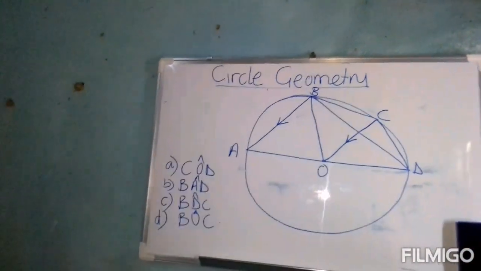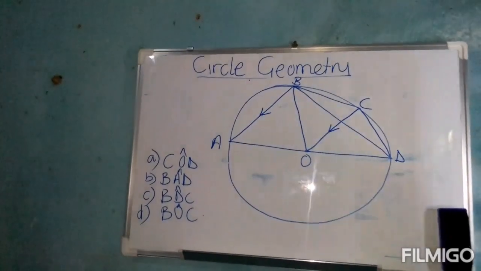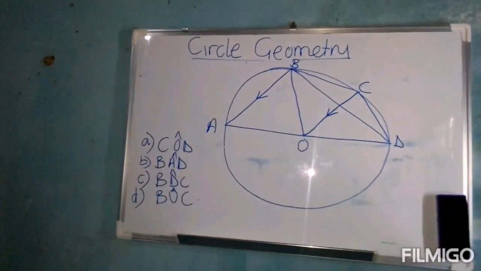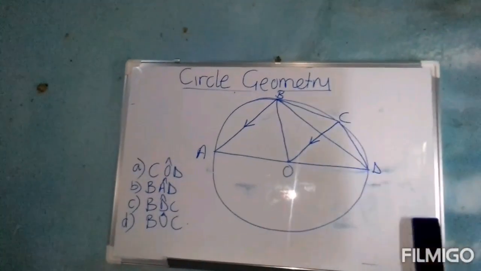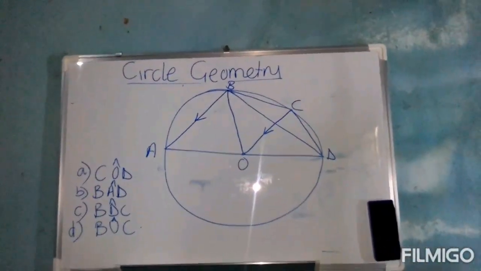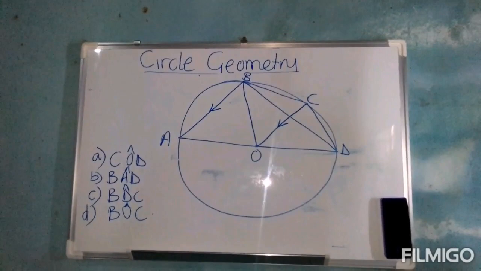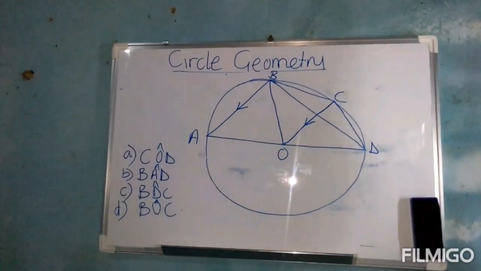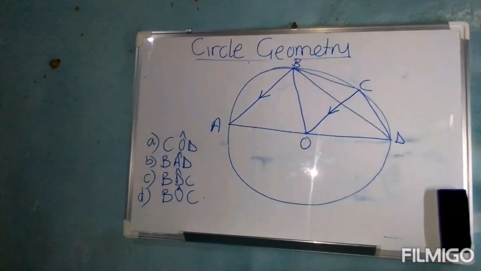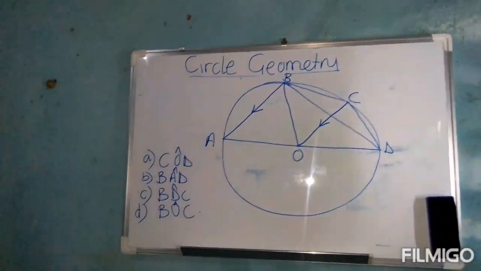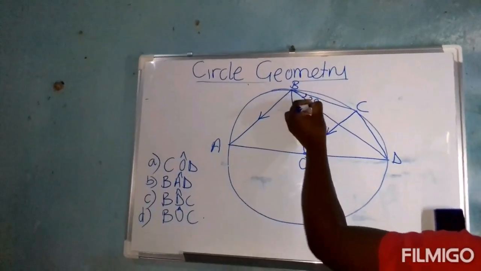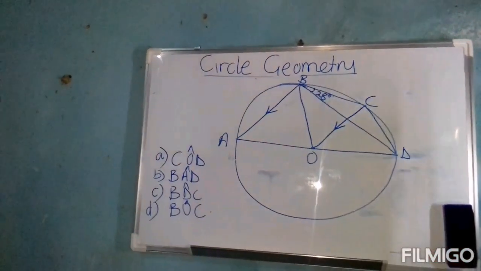We are asked to calculate those 4 angles. Right. If we are asked to calculate those 4 angles, we are given this, and also that this angle is equal to 28 degrees. This angle there is equal to 28 degrees.